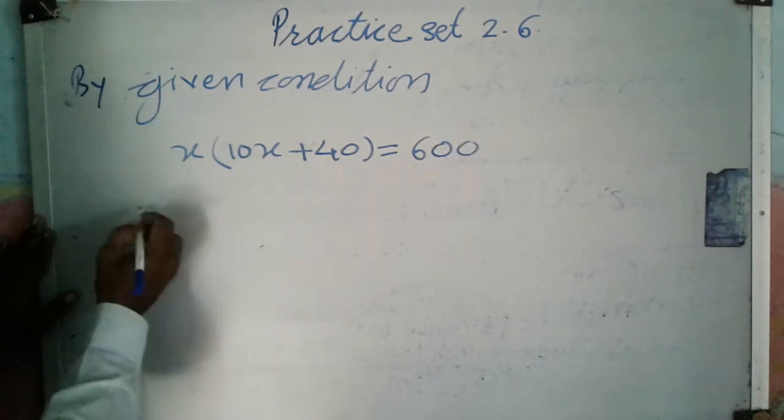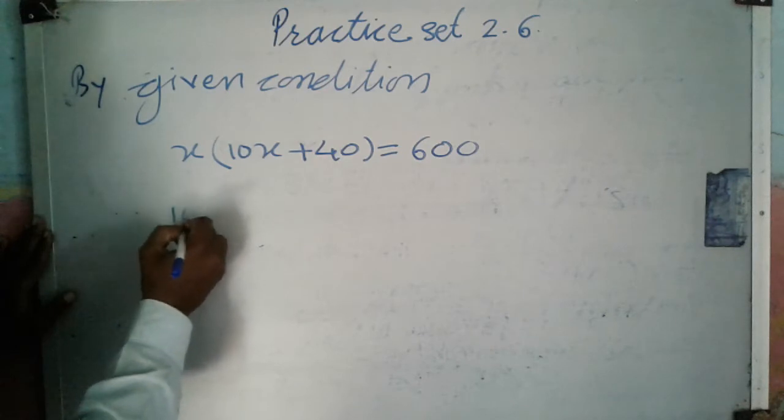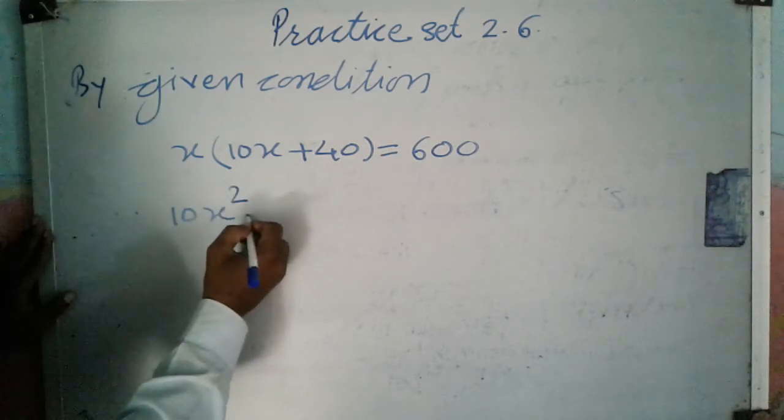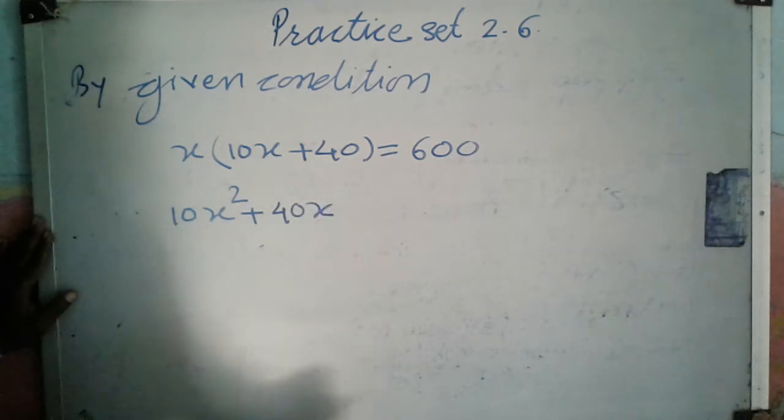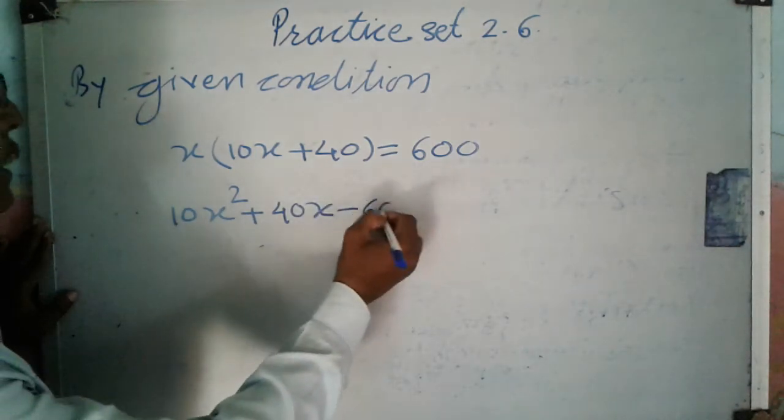Now we will solve this bracket. Here we get 10x square plus 40x minus 600.